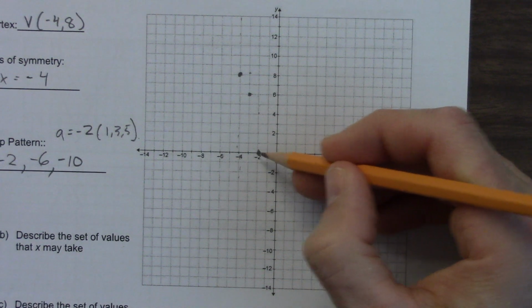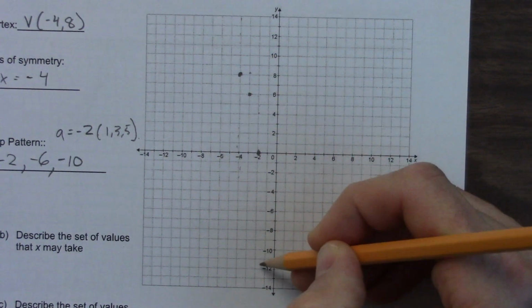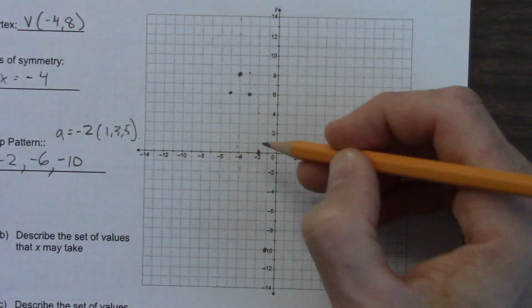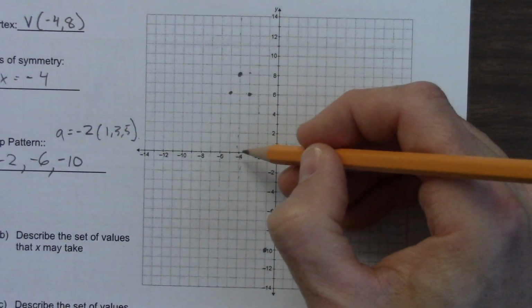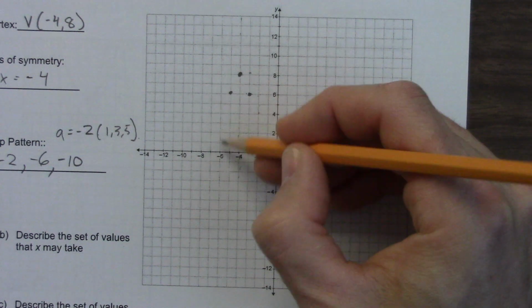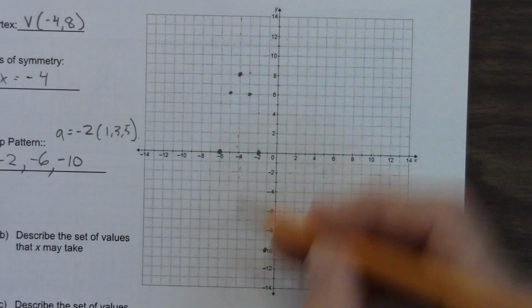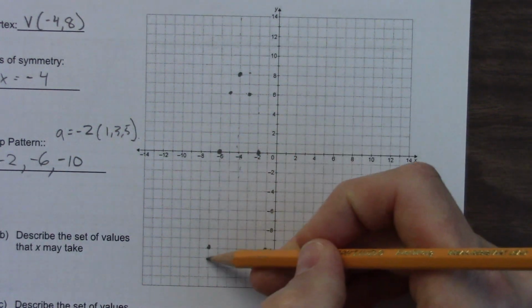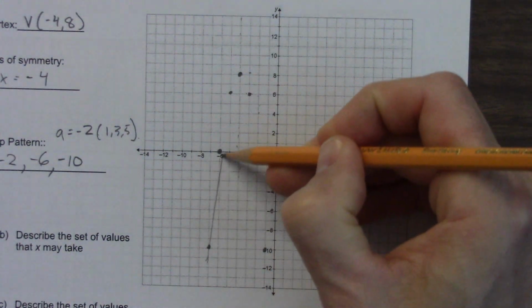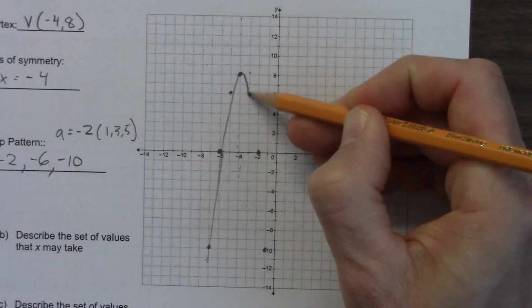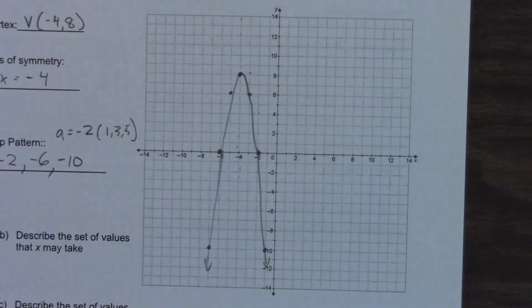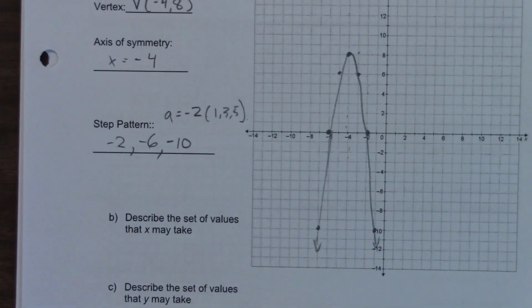I'm going to go over 1 and down 10. Okay, and then it's just mirrored on the other side. Okay, so I have my parabola, just from the step pattern.